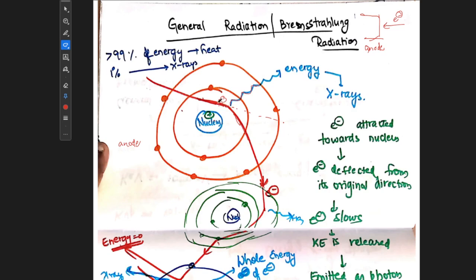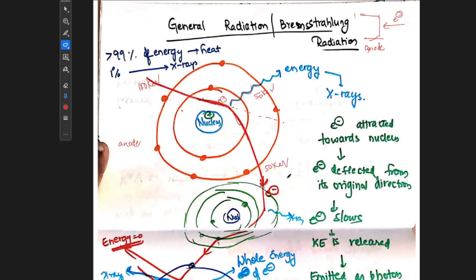For example, if this electron has 100 kilo electron volts, once it is attracted by the nucleus and deflected from its path, it loses certain energy and produces X-rays. Around 50 kilo electron volt of energy is released as X-rays, so this electron will have another 50 kilo electron volts.